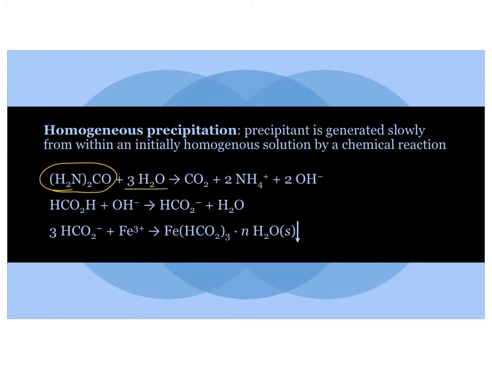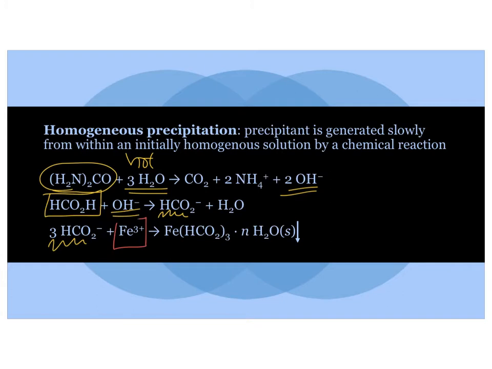by boiling it in water, so this is hot, produces hydroxide ion. This hydroxide ion goes on to neutralize formic acid, forming formate ion. The 3 moles of formate ion then react with our iron 3, which is our analyte of interest.